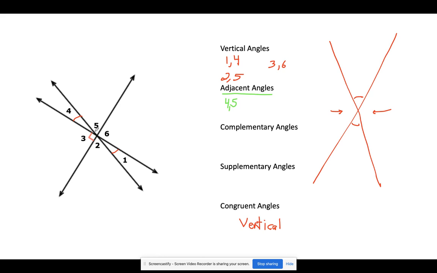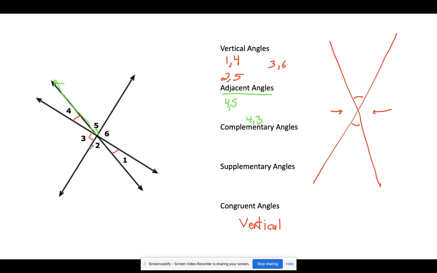They share this side right along this line. So if two angles share a side, then they are considered adjacent. Even though 4 and 5 are adjacent, 4 and 3 would also be considered adjacent because they share this side in common.